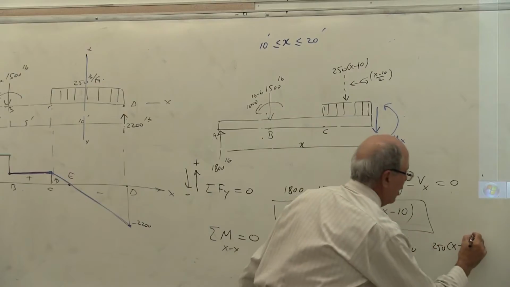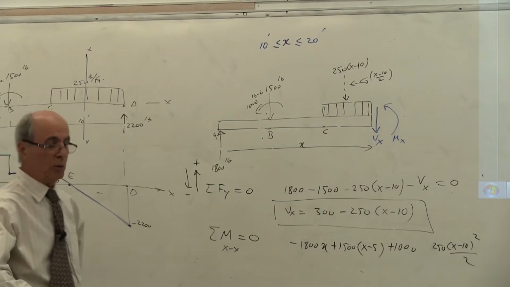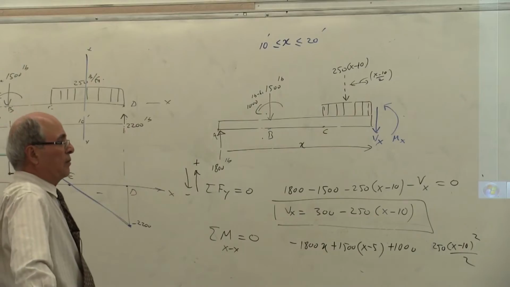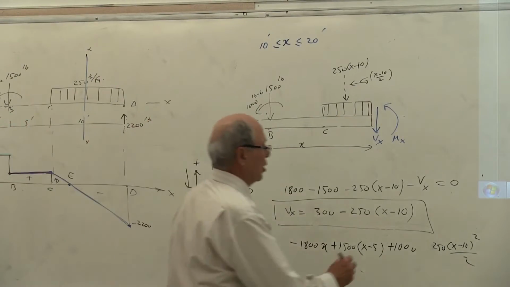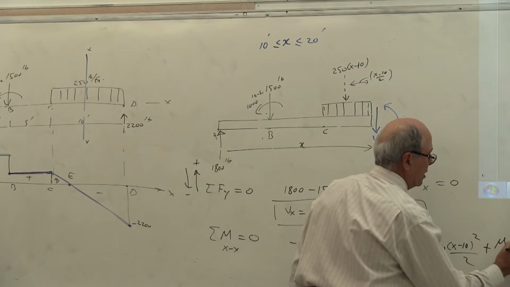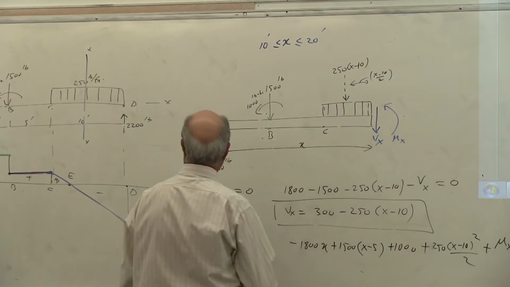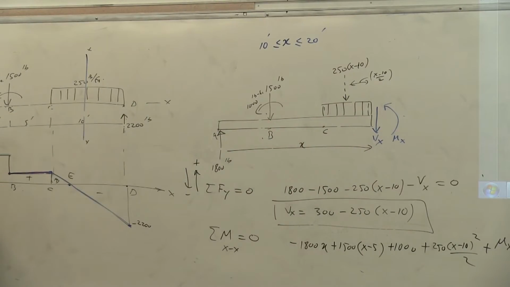Therefore, this becomes always like that. It becomes something routine that I show you again later on. 250 x minus 10 to the power of 2 over 2, and that one is also plus. And then plus mx equal to 0, or mx, which I put it up here somewhere. I better put it here. Mx equal to, you take it to the other side.